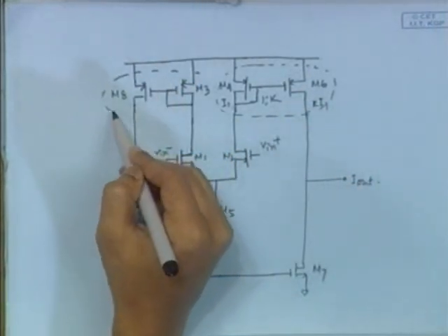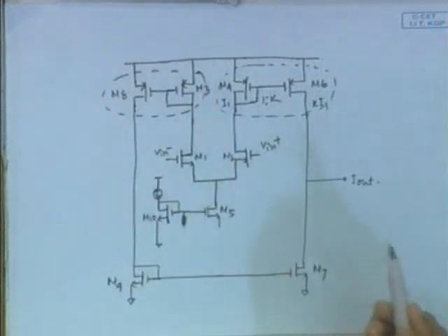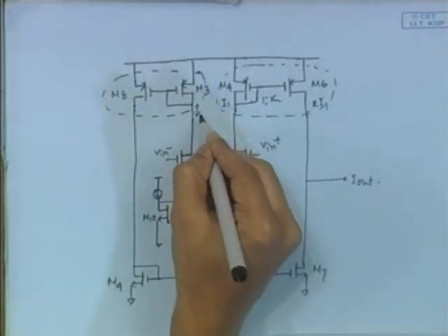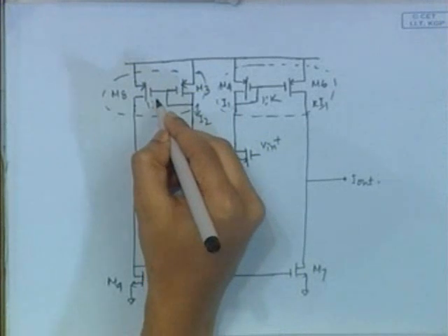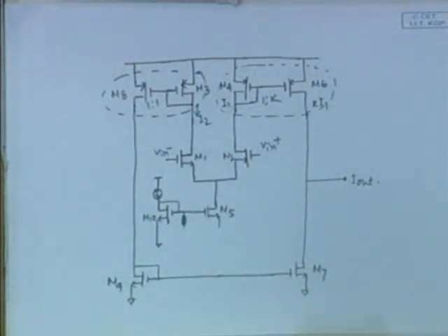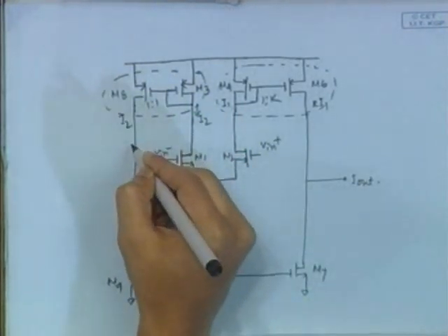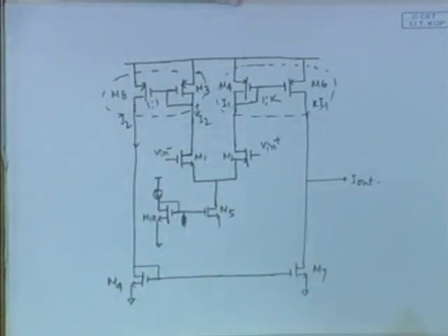Same thing happens here also. This is also a current mirror configuration, M3 and M8. If I2 flows through M3 and the ratio is 1:1, then the same current I2 will flow through this. Here, again, this is 1:k. This is also a current mirror configuration.